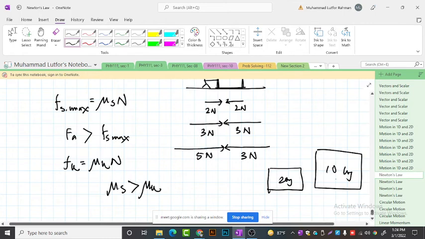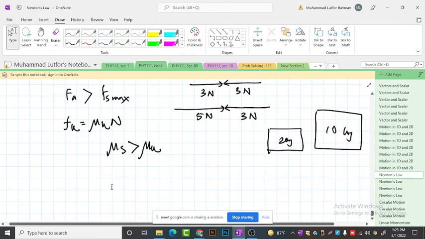If the material is not different, then the coefficient of kinetic friction or static friction is going to be the same. And remember, mu s and mu k are dimensionless parameters, they have no dimension.